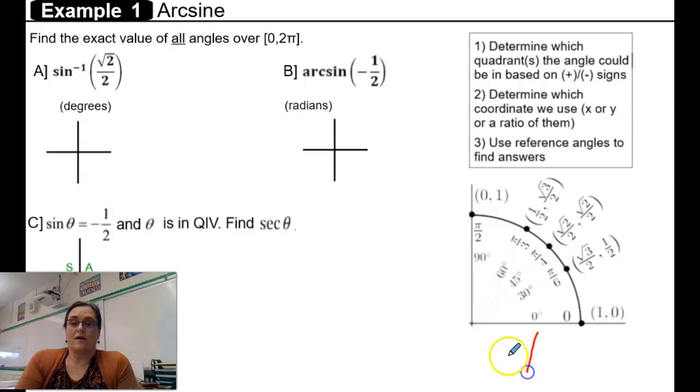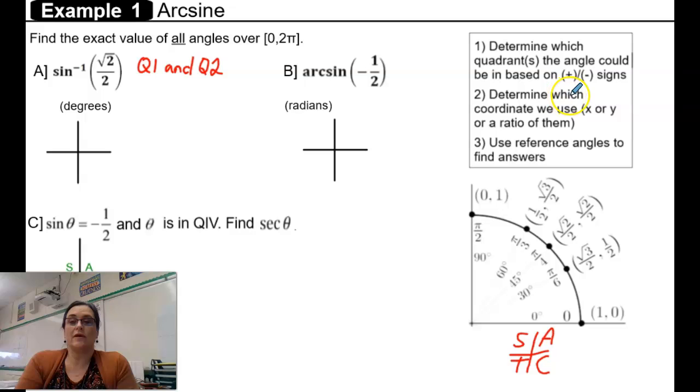If you recall our acronym, all students take calculus, sine is also positive in quadrant 2. So we're going to be finding solutions in quadrant 1 and in quadrant 2 because that's where the sine coordinate, the y coordinate, is positive.